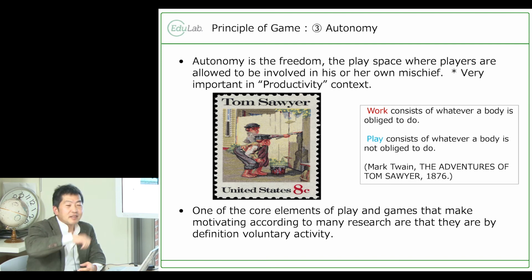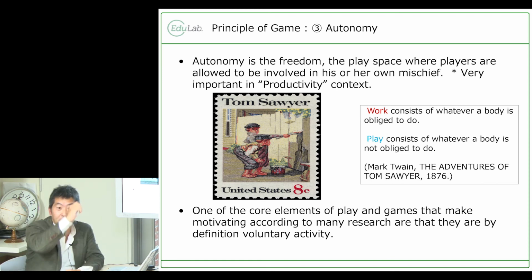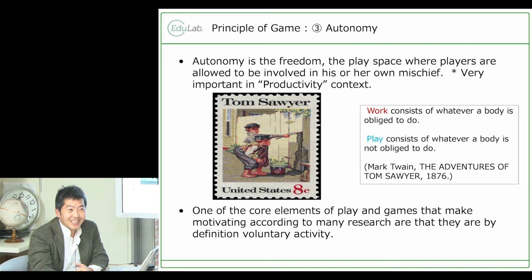So he started painting it and said, "Hey, this is so fun," right? Eventually his friends came over and asked, "What are you doing?" "I'm having fun. This is great." And friends said, "Really? I want to do that." He said, "No, you can't do that. I want to do this myself. This is fun." Eventually, friends were so persuaded that they said, "I will pay you to replace you."